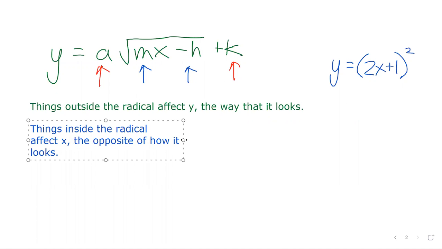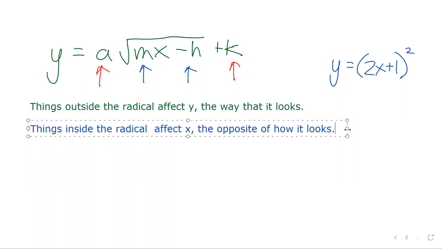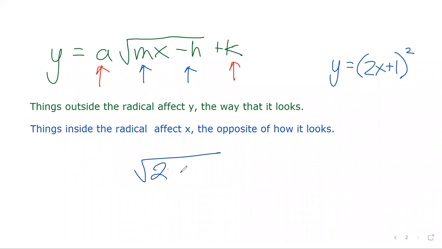And what I mean by that is if we have, let's say, well, look at the example that we just had. We had root 2x minus 1. You see minus 1. You say, oh, minus is to the left. Nope, it's to the right. You see 2x. Oh, that should be twice as wide as if it was just x. Nope, it's narrower, not wider.